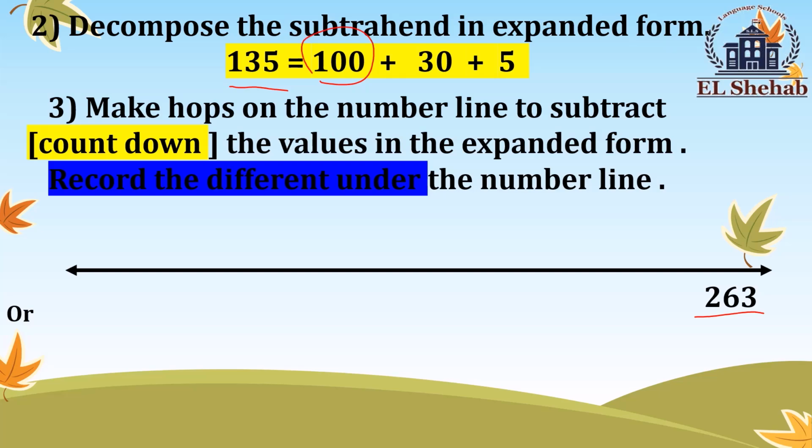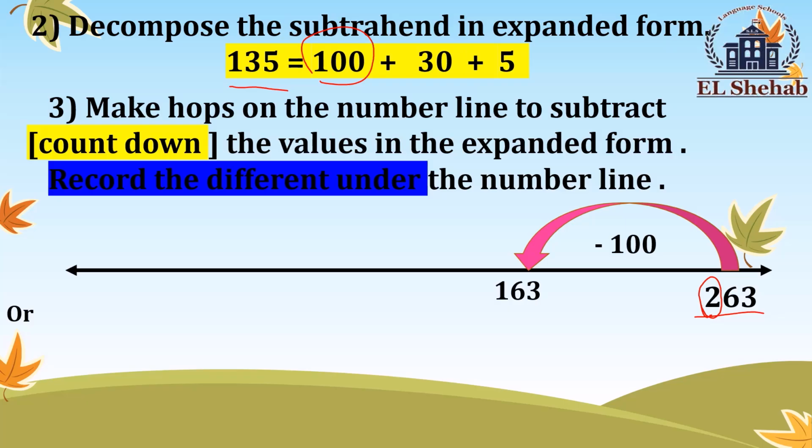So, before starting, 100 steps mean that only the 100th place will change. It will go down by 1. So instead of 2, it will be 163. If you noted the difference.